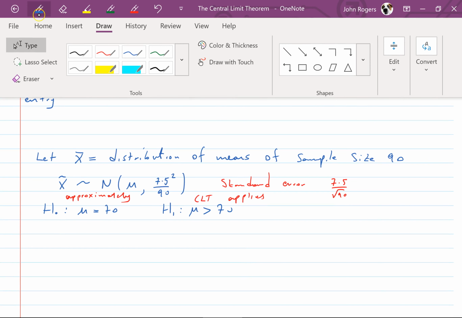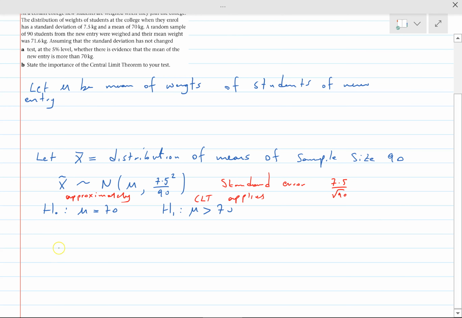So you should recall that the way we normally conduct these tests is we use the transformation to the standard normal distribution, and we use this as a test statistic, which is equal to our value of the sample mean, take away the actual mean of the parent population, divide by the standard error, or the standard deviation of the sampling distribution.